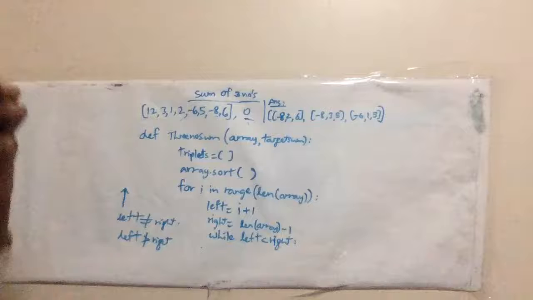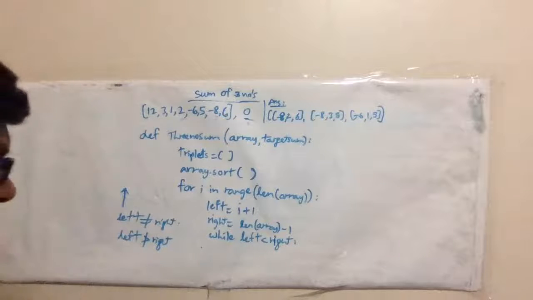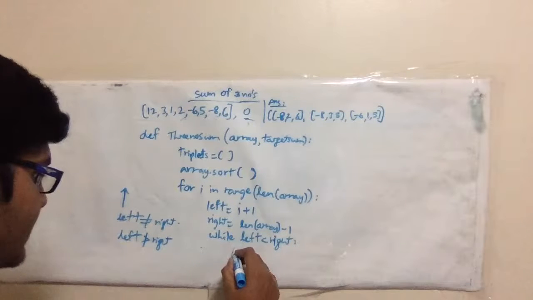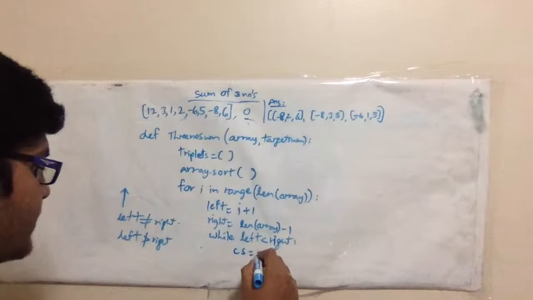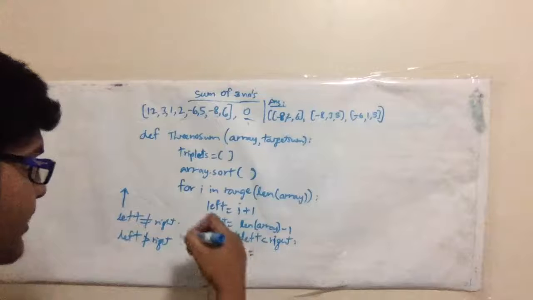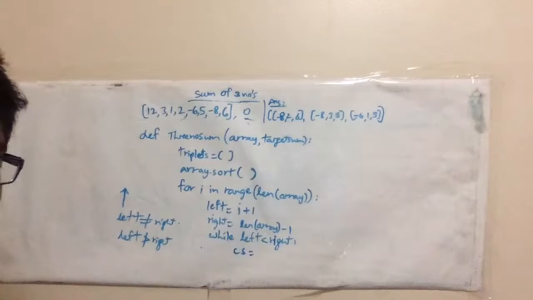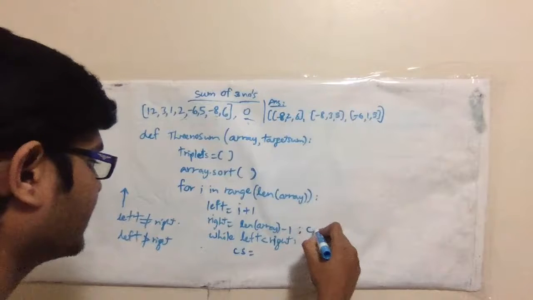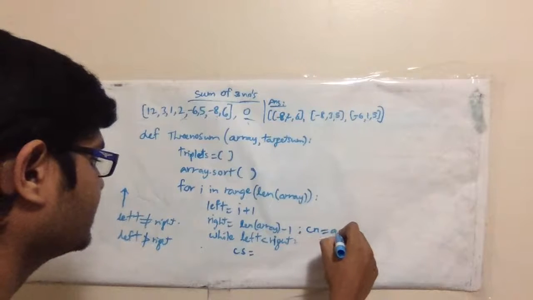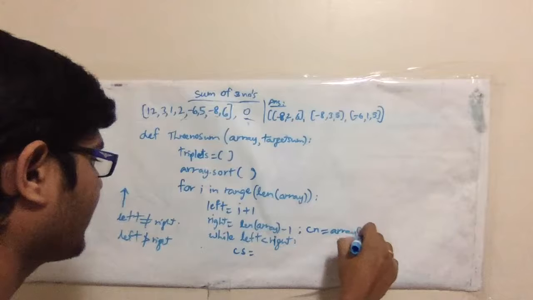The current sum, I will call CS. Current sum is equal to current number. Current number is equal to array of i.